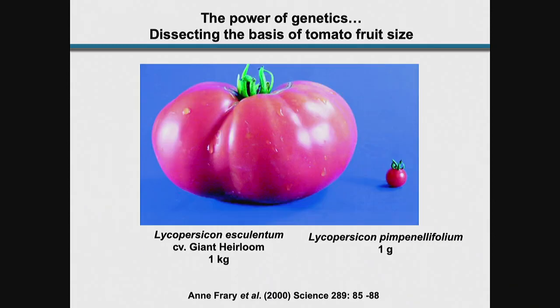Okay, so we have used these methods. We have looked through all of the markers in the genome in this cross that we did, studying with great intensity the F2 generation, looking for those associations between genotypes and the phenotype of fruit size.